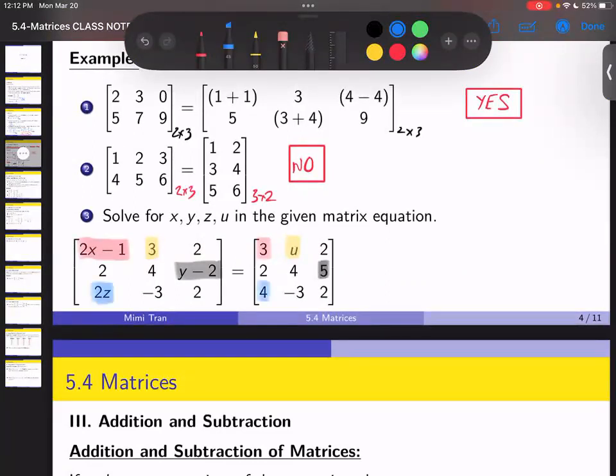And 2z equals 4. So I have 2x minus 1 equals 3, 3 equals u, y minus 2 equals 5, and 2z equals 4. Then you can solve them.